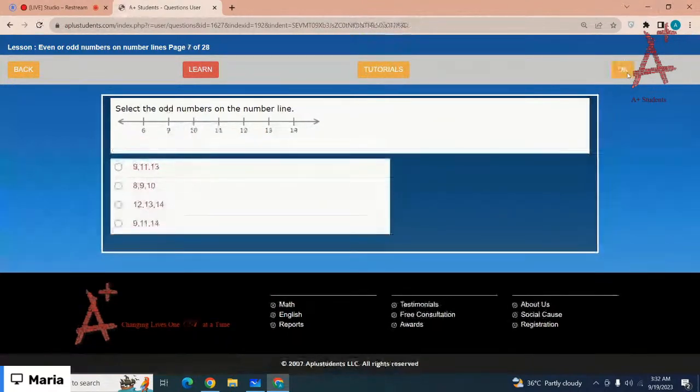Select the odd numbers on the number line. Which numbers are odd? The correct option is odd numbers are 8, 10, 12, and 14.